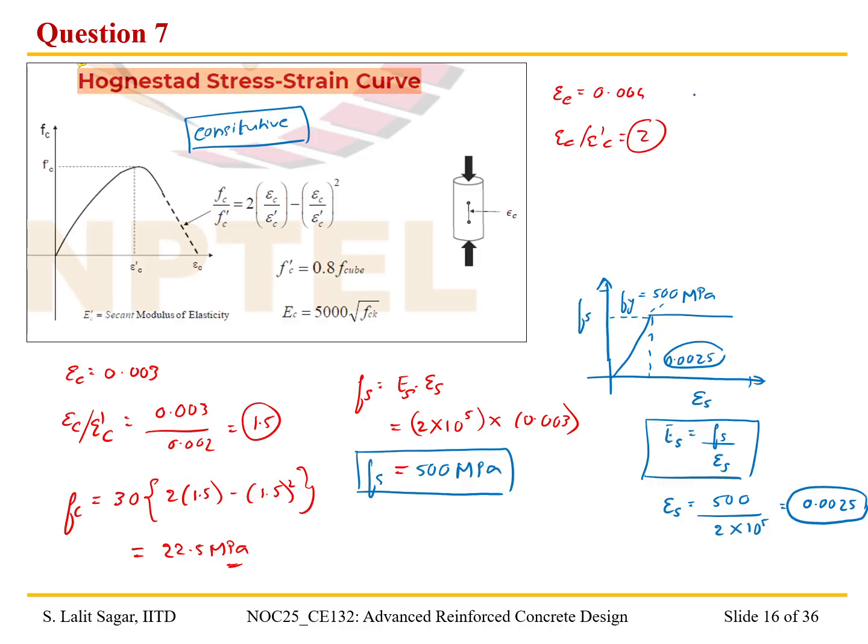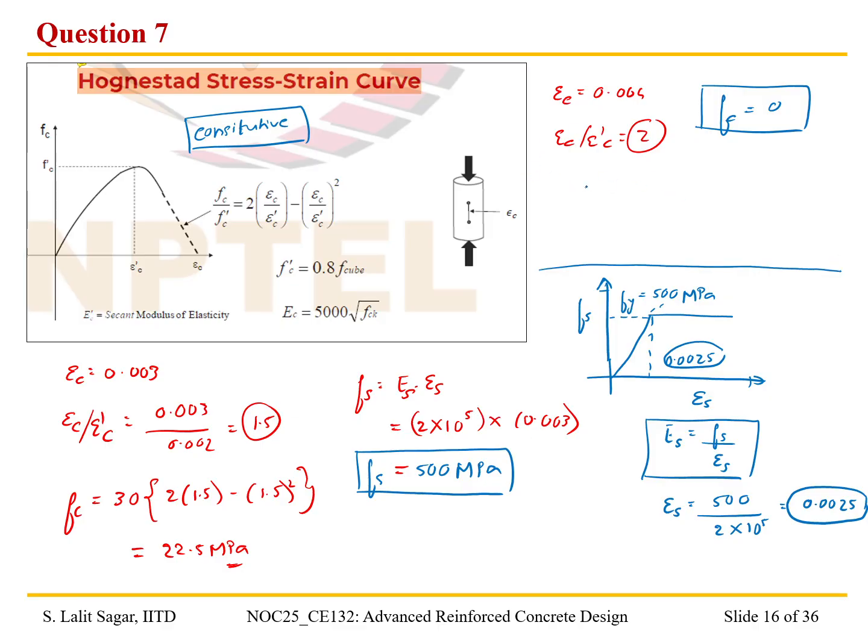When you substitute the value of epsilon c equal to 0.004, or epsilon c by epsilon prime c, as we already discussed, we get the value of Fc as 0. So the contribution by concrete almost reaches 0 corresponding to epsilon c equal to 0.004, and the only contribution is from the reinforcing steel.